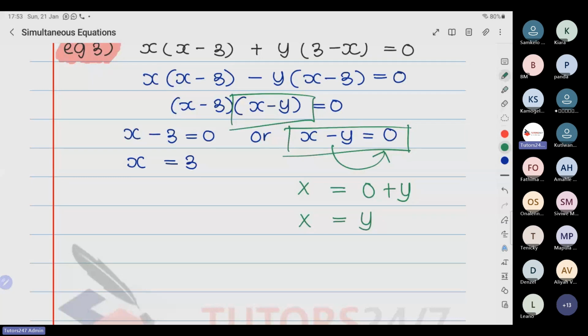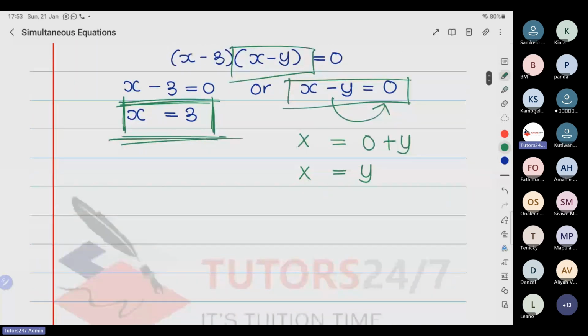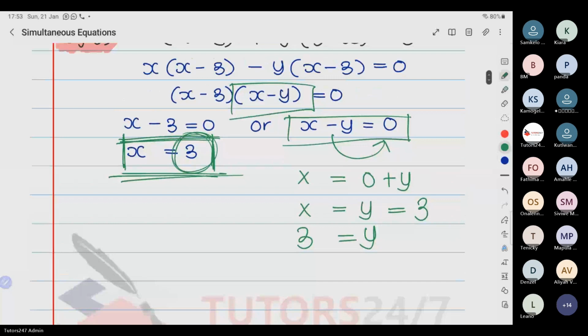Whatever x is, the same thing is y. x is equal to y. And we just calculated in the previous equation that x is equal to 3. So if we substitute x as 3, we get y is equal to 3. I just decided to put it on the side because I don't want to have to rewrite y. Does it make sense? Yes, it does. Thank you, sir.